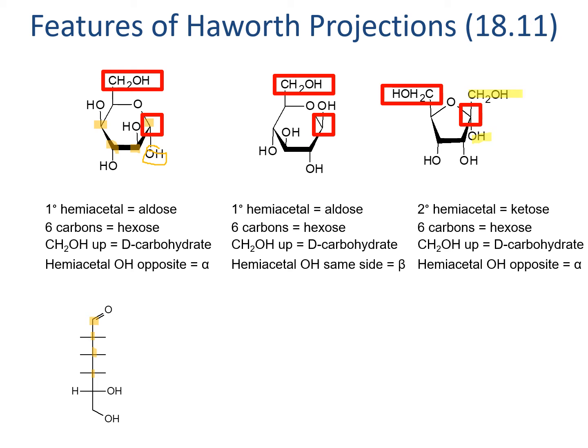The OHs that are on the top here, like at position 2 and position 4, correspond to left-pointing OHs in the Fischer projection, and the OHs pointed down correspond to OHs on the right.